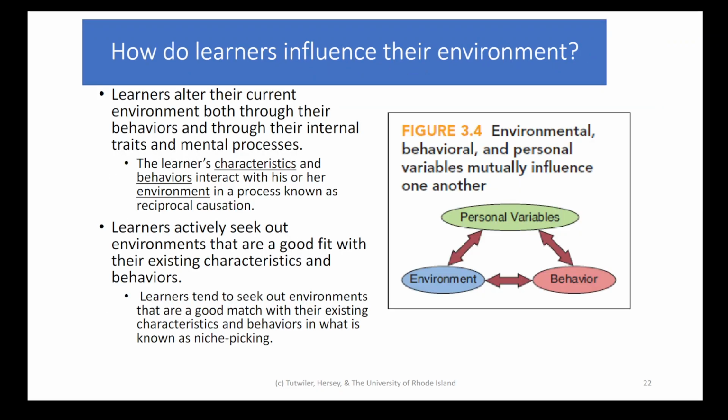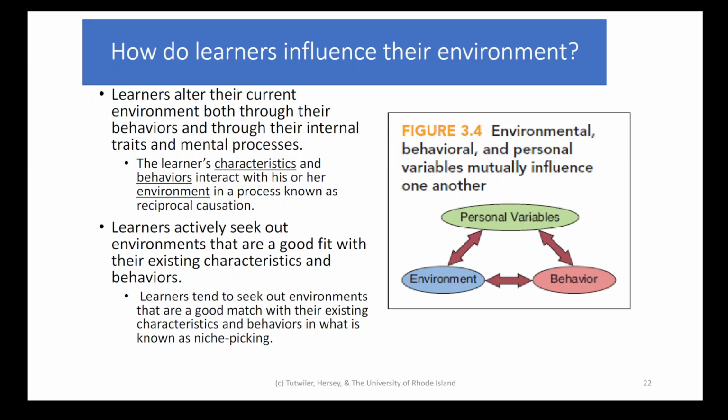Okay, so not only does the environment influence learners, but learners also influence the environment, right? By their behaviors, by the way they think, their mental processes, by their characteristics, right? We call this reciprocal causation. The environment affects you, and you also affect the environment, right?